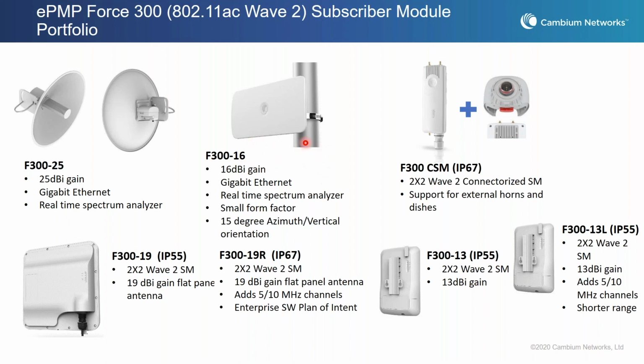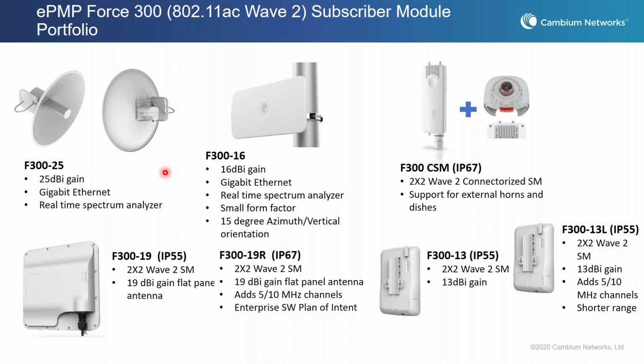Now, there are situations where the integrated antenna gain will not be sufficient for the type of range or design that you want to achieve. In those situations, you need the FOS 300 CSM, and CSM there stands for Connectorized Subscriber Module. So you use the Connectorized Subscriber Module whenever you need a gain that is higher than 25 dBi.